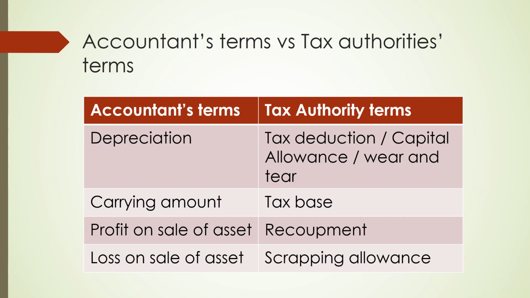The accountant might say profit on the sale of an asset, while the tax authority will use the term recoupment on the sale of an asset. The accountant will say loss on the sale of an asset, while the tax authority will use the term scrapping allowance on the sale of an asset.